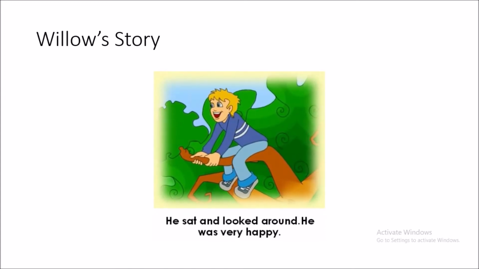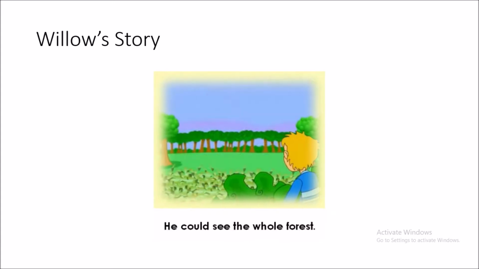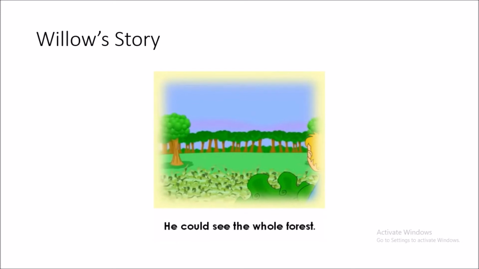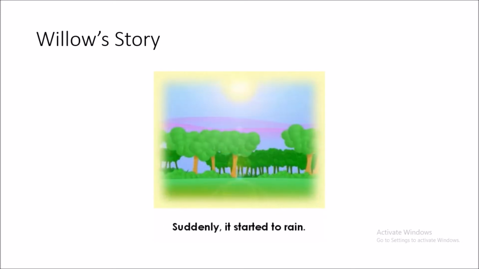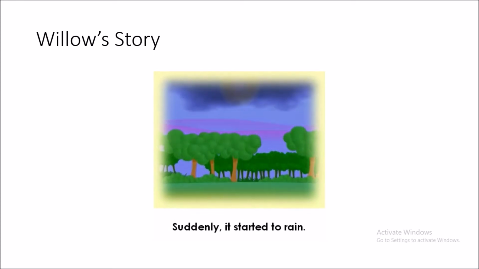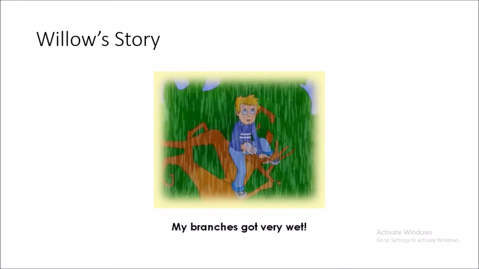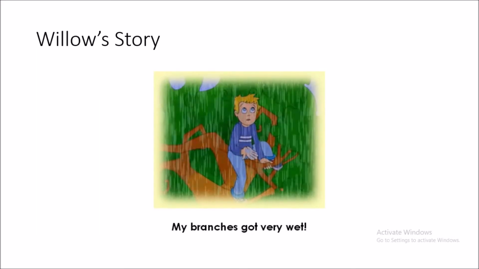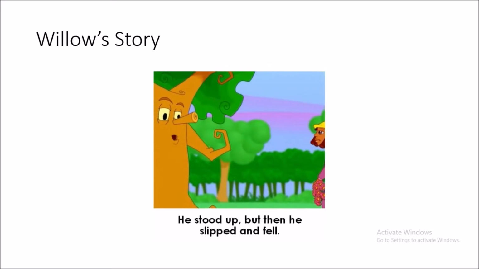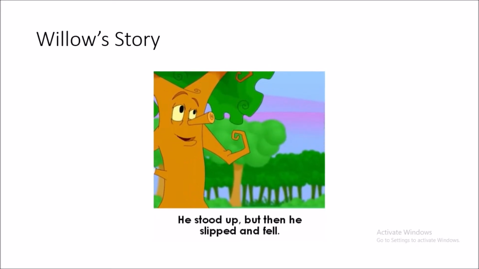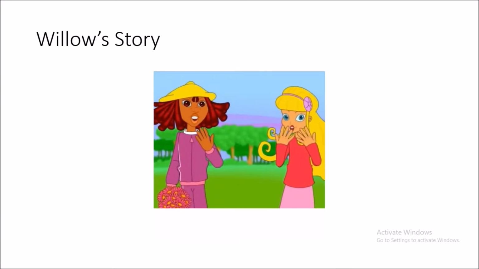He was very happy. He could see the whole forest. Suddenly, it started to rain. My branches got very wet. And then what? He stood up, but then he slipped and fell. Oh no!